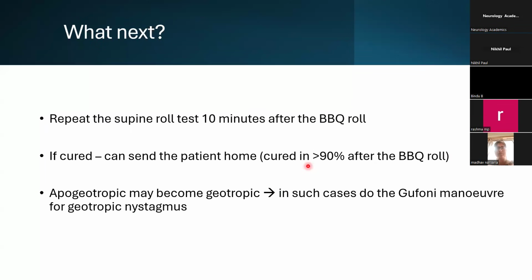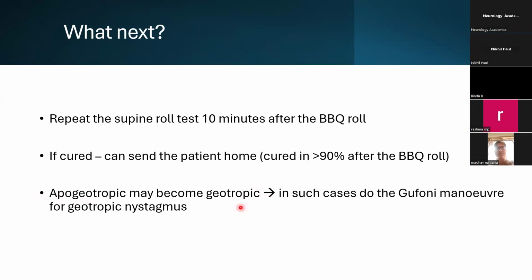So what to do after we do these horizontal canal repositioning techniques? We should repeat. It's a known issue that if we do this maneuver for an apogeotropic nystagmus, it can even become geotropic as a result of the maneuver.